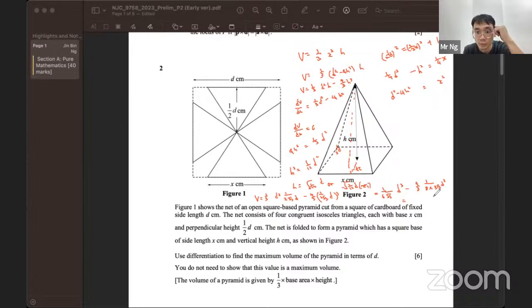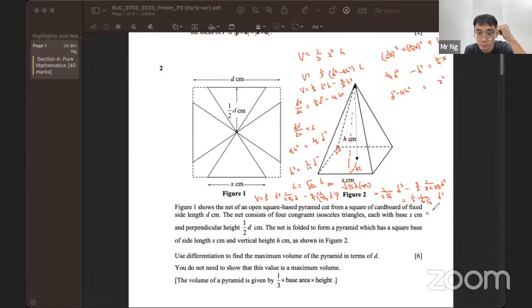So this is 1/2. Then after that, 1/2, 1/6, 1/6. So that is 1/3, 1/6, root 3 cubed.